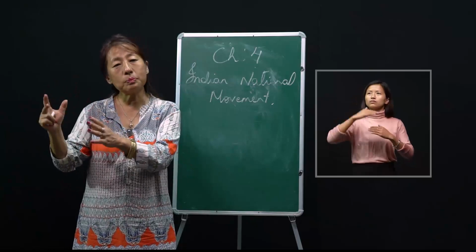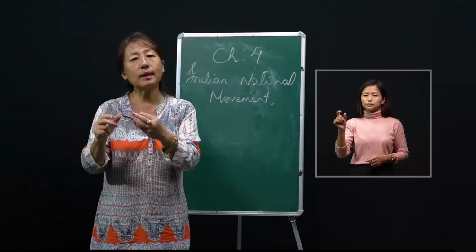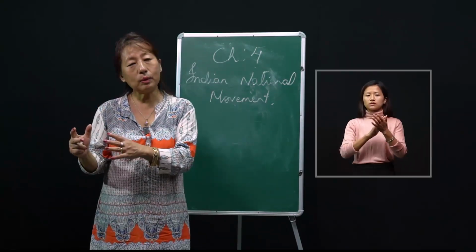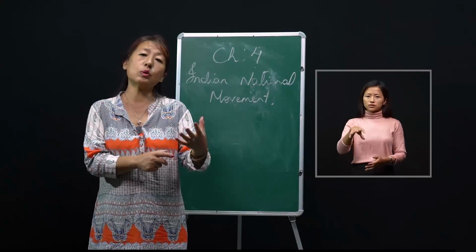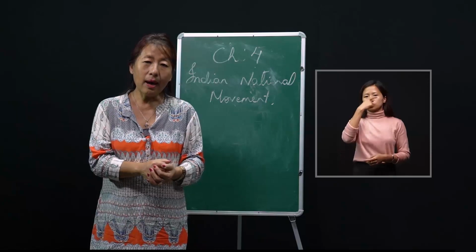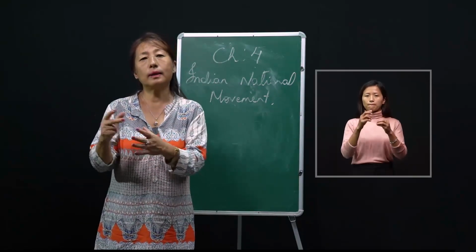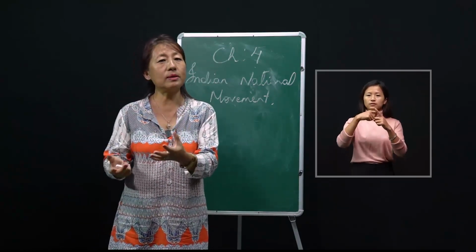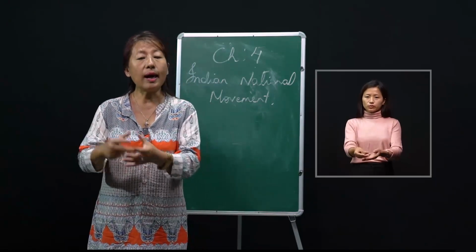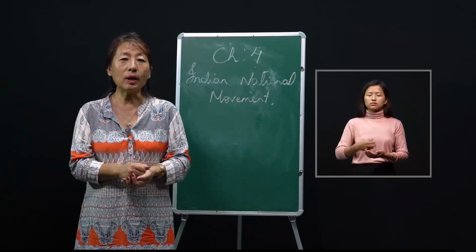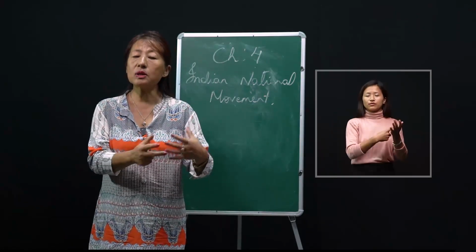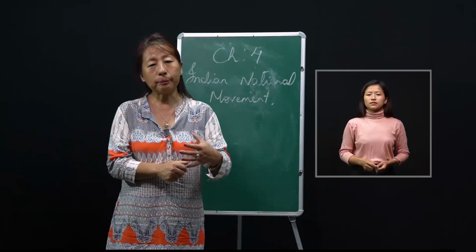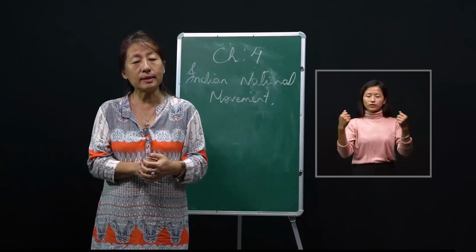They used to take money donations from those countries who didn't like the British government, and with this money, they used to buy guns, ammunition and all those things, and smuggle them into India, and give them to the Indian revolutionaries. This is how they played a role in fighting for India's independence.